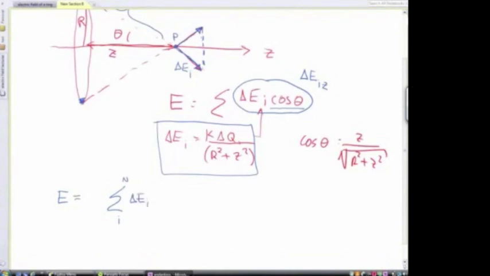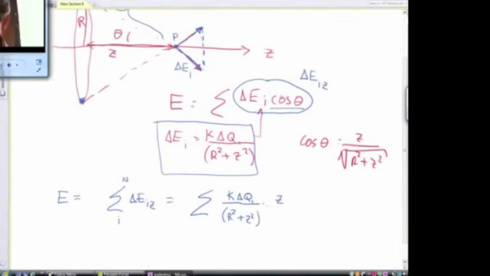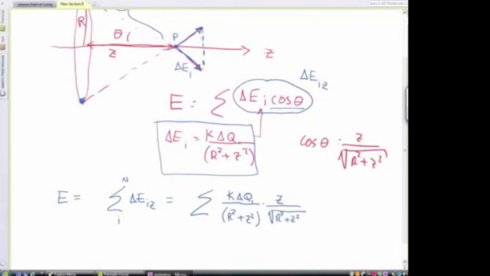You add all of the electric fields along the z direction, because in the y direction they will cancel. The magnitude of the electric field produced by the charge i would be k times the amount of charge delta q divided by the distance between the charge and the point P, which is r squared plus z squared. This multiplied by the cosine of theta.